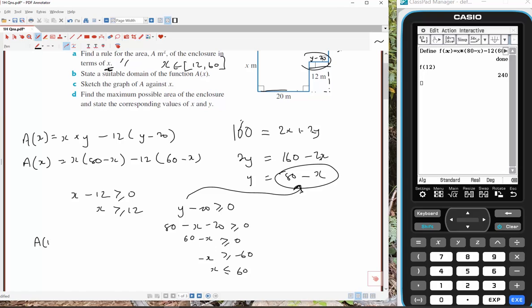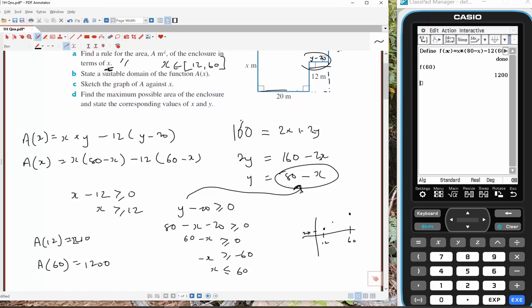So A of 12 equals 240, and A of 60 probably will be pretty similar. Oof, okay, didn't predict that very well. Okay, and what's going to happen, I'm predicting, is that you're going to pop 12 in and you're going to pop 60 in. It's going to be 240 and probably 5 times as high, so somewhere up there and somewhere down there. And I think what will happen is it's going to go like that in between.